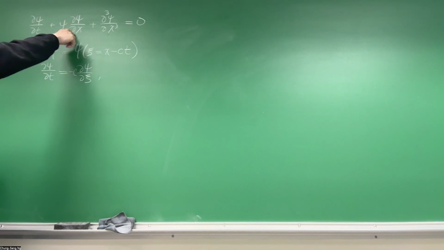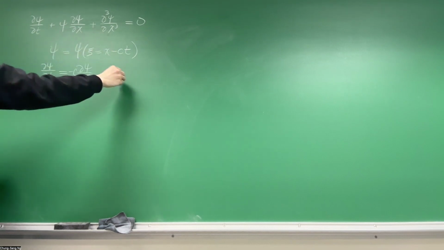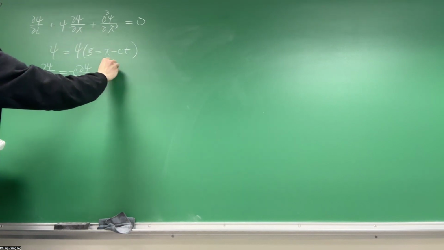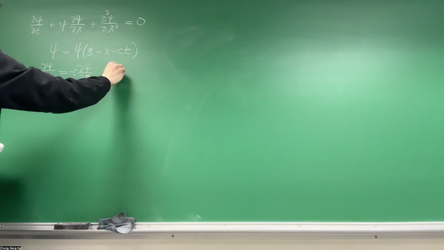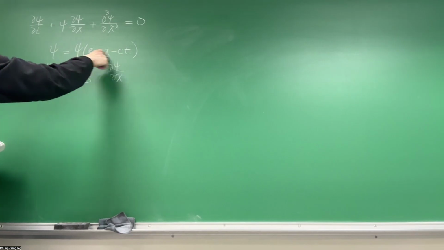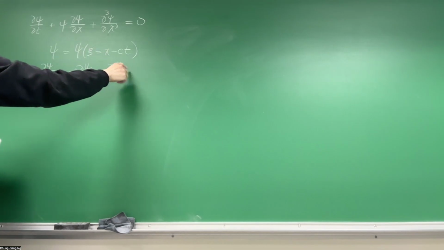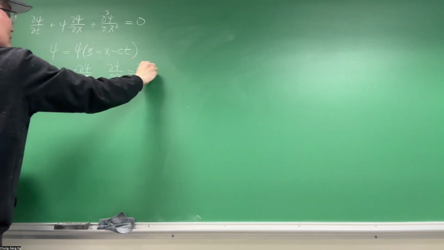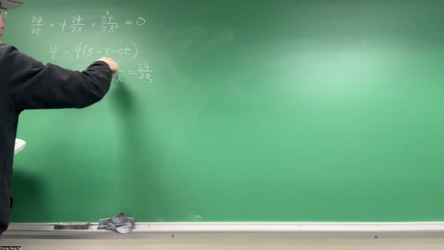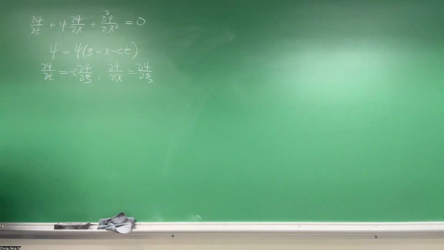Then we also need this derivative, which is easier because partial psi, partial x is simply partial psi, partial xi, times partial xi, partial x, which is just 1.